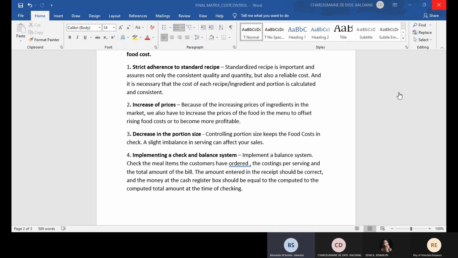It should be equal to the computed total amount at the time of checking.